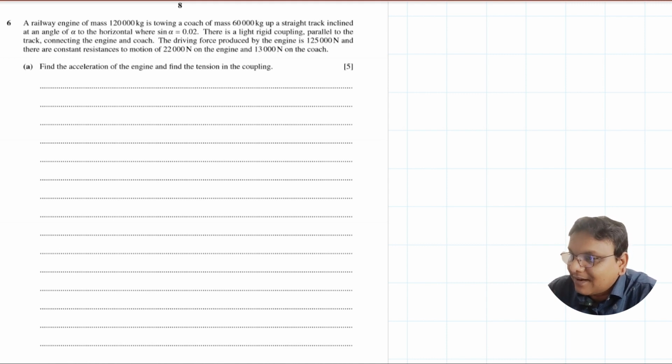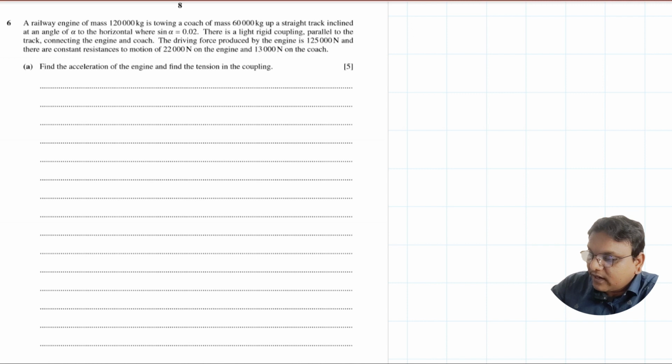There is a straight light resistant coupling parallel to the track connecting the engine and coach, and the driving force provided by the engine is 125,000 Newton. There are constant resistances to motion of 20,000 Newton on the engine and 13,000 Newton on the coach. So the question is, find the acceleration of the engine and find the tension in the coupling.